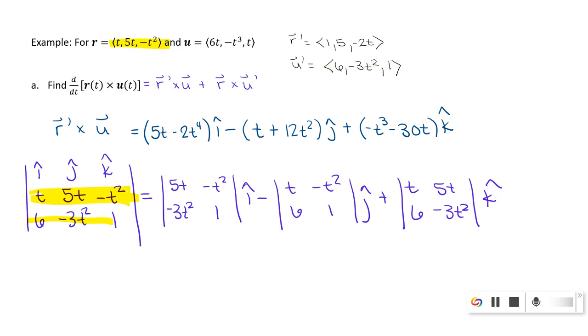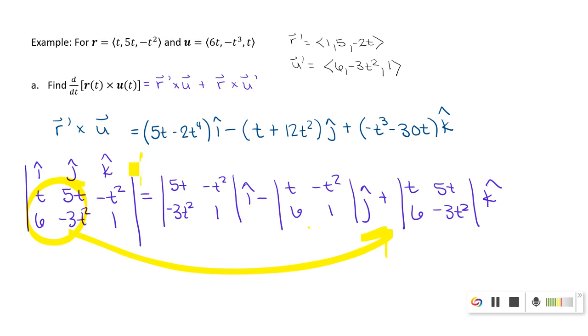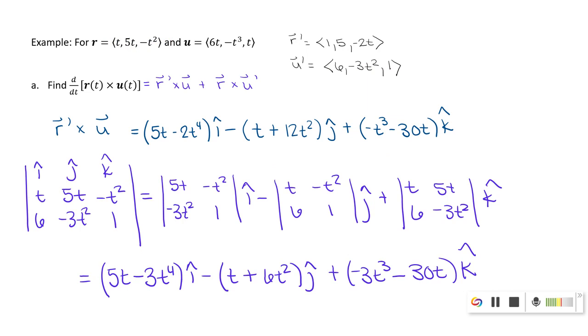And I'm going to expand this using that exact same process. Everything not under the i is my i component, everything not under the j is the j, and everything not under the k is the k. And I want to make sure the signs are alternating, positive, negative, positive.